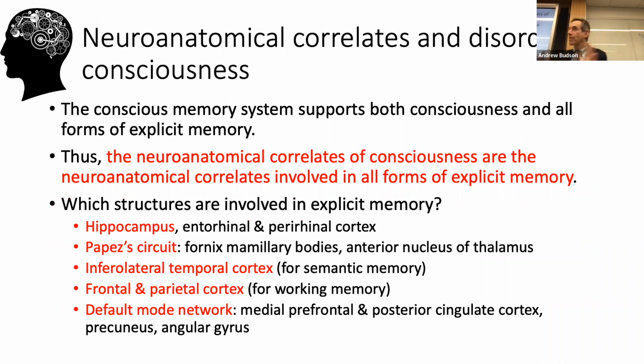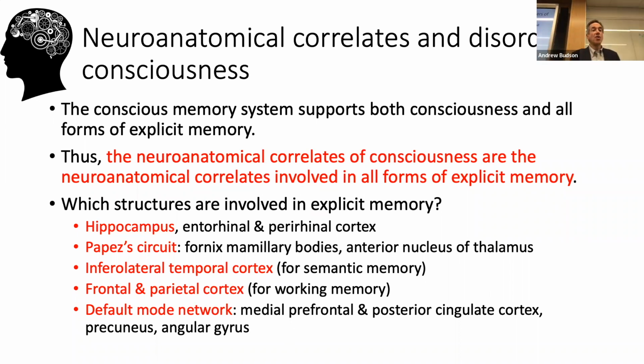Now, I just want to briefly talk about the neuroanatomical correlates and localization for this. So basically, if consciousness is the same as explicit memory, the neuroanatomical correlates of consciousness are going to be the same as the neuroanatomical correlates of explicit memory.